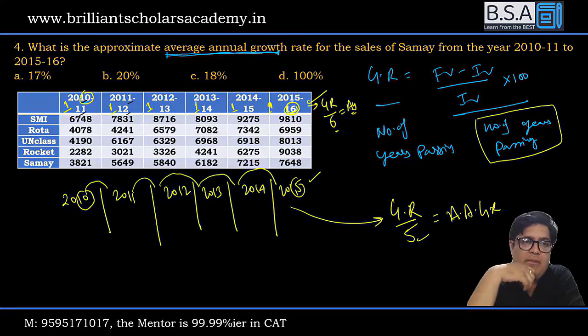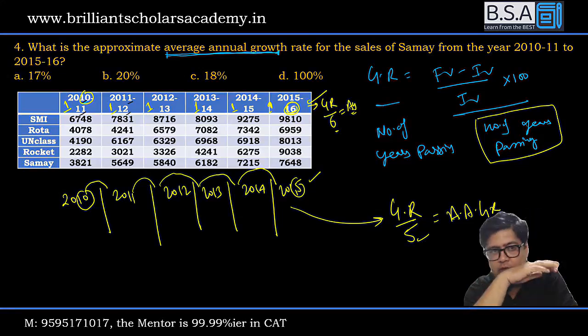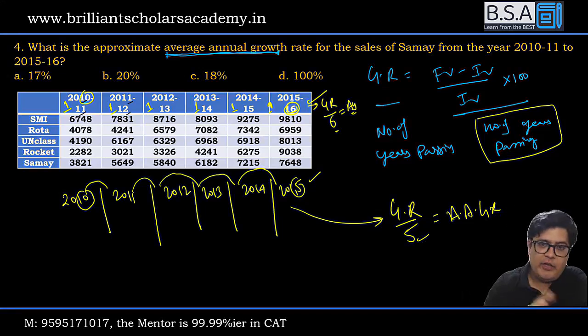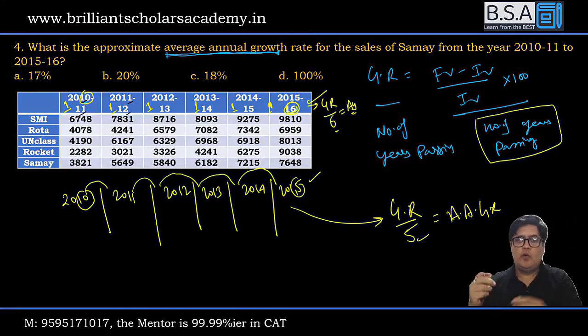For Samay, we want growth rate. Now, I want you guys to combine these methods with the shortcuts that you have learned. What I will do is to actually find the growth rate. I am not going to perform differences. I'll open up my calculator. I will divide 7648 divided by 3821.